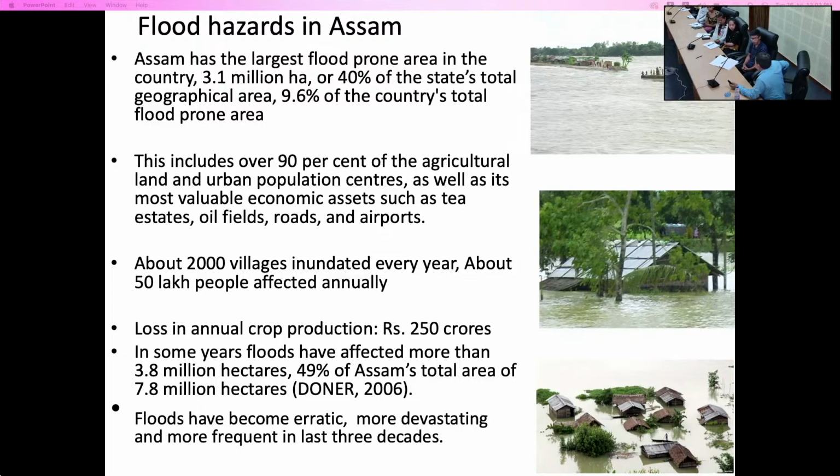But what has happened in between is that in 2011 there was an estimation by NRSC, National Remote Sensing Center, ISRO, and in 2016 they prepared an upgraded flood hazard map of Assam, where they said that 22% of the geographical area of Assam is affected by flood.